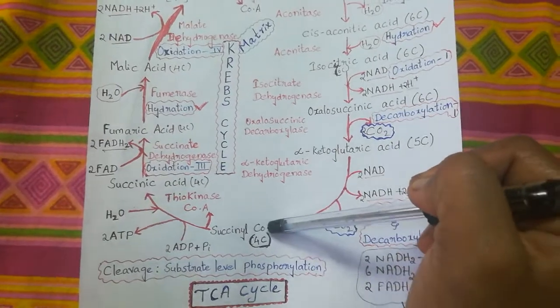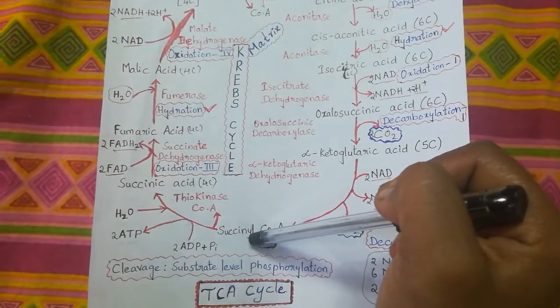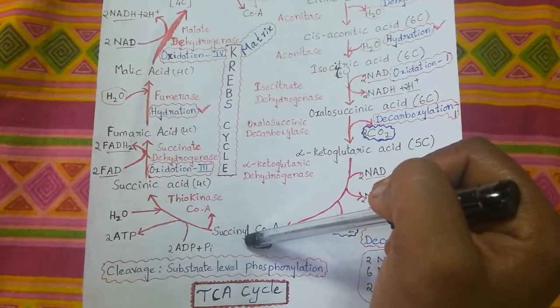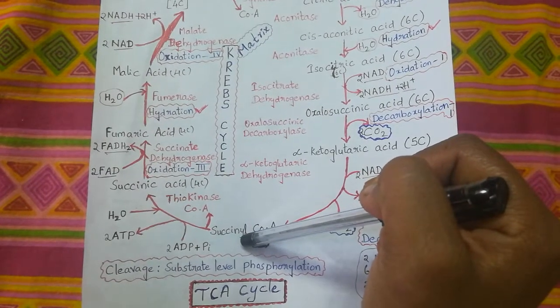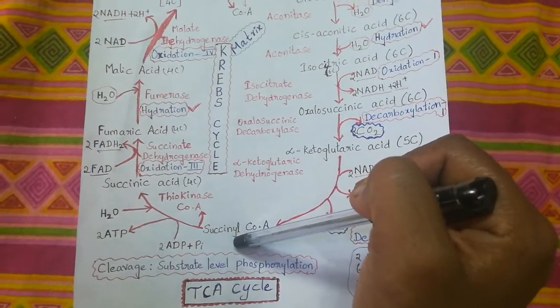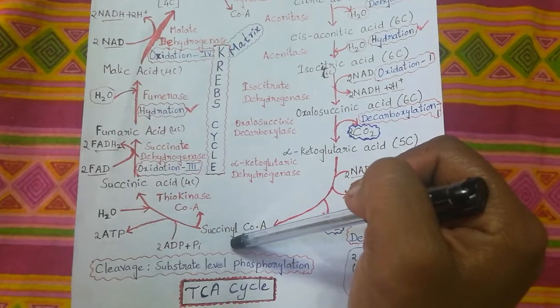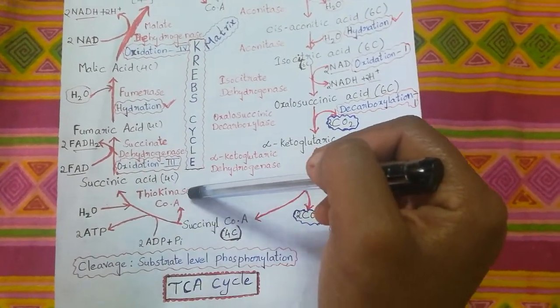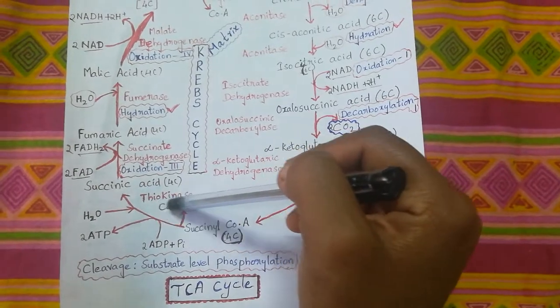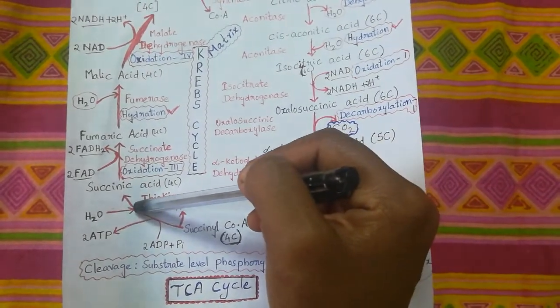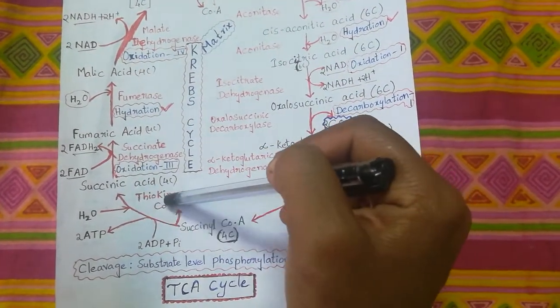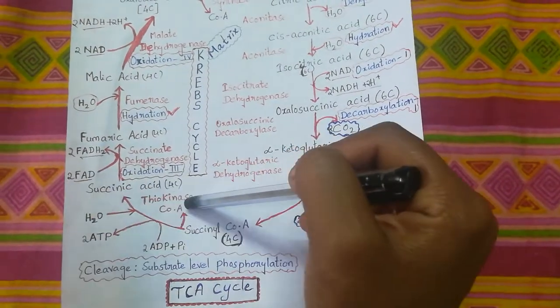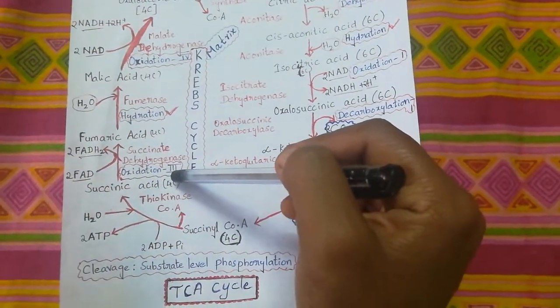Succinyl-CoA, which is a 4 carbon compound, undergoes substrate level phosphorylation here. That means the substrate is giving a phosphate in order to synthesize ATP. This is a cleavage reaction occurring in the presence of enzyme thiokinase, and it removes coenzyme A to form succinic acid, which is again a 4 carbon compound.